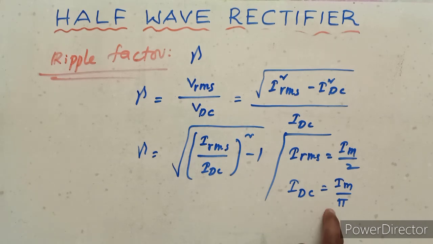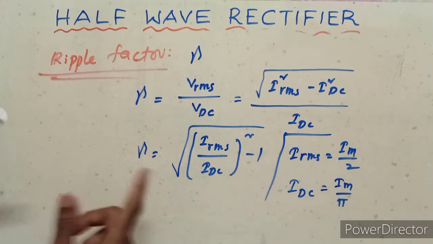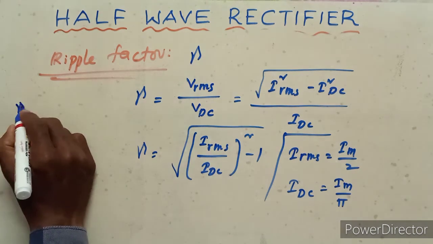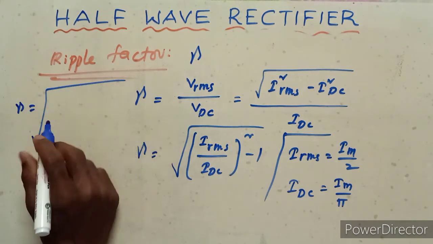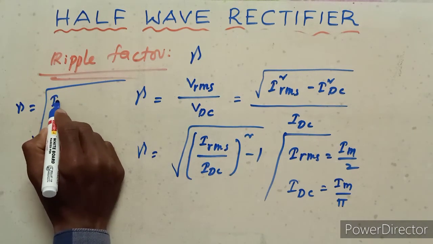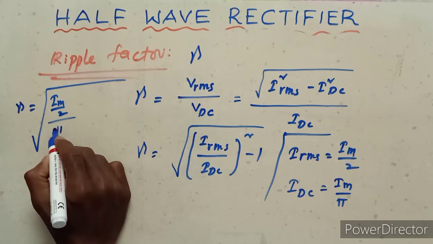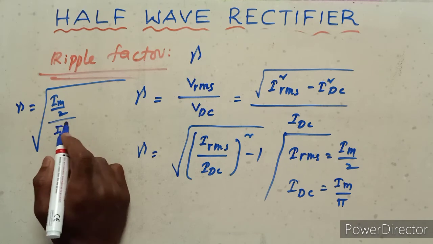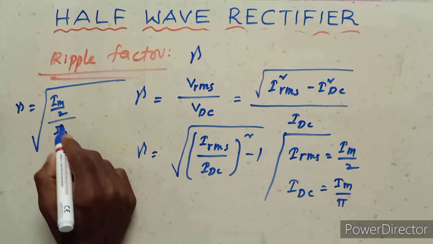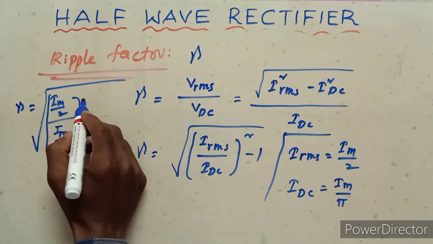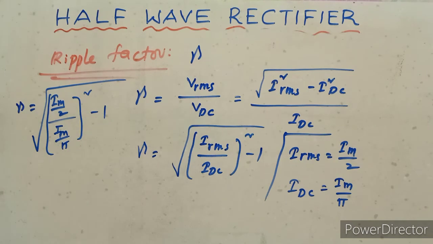So these two are substituted in this equation, and gamma equals under root of IM upon 2 and IM upon pi whole square minus 1.